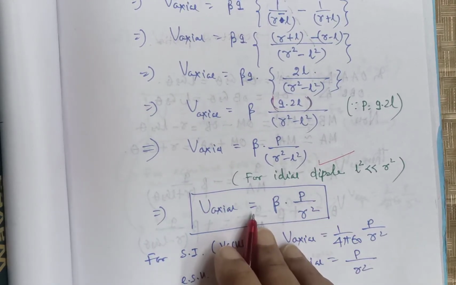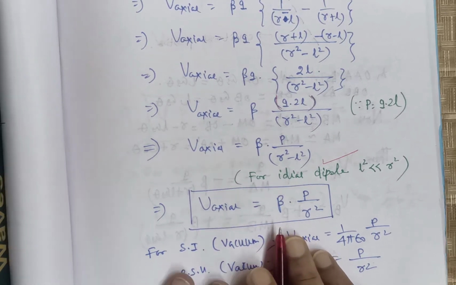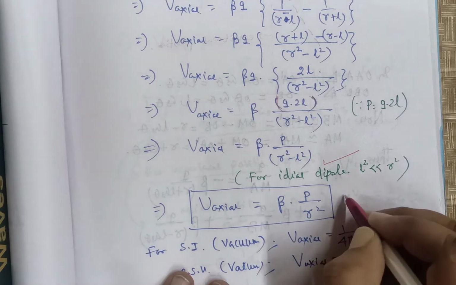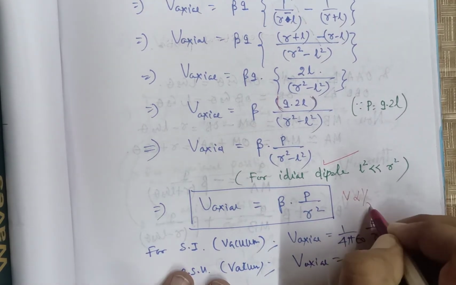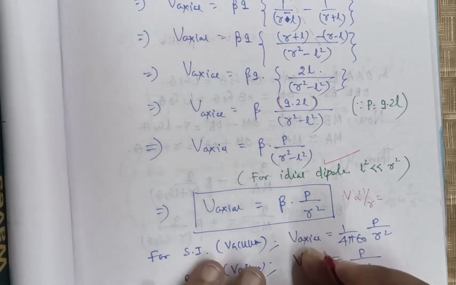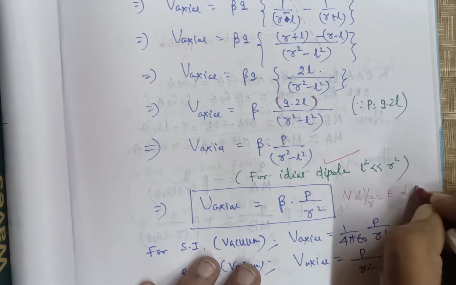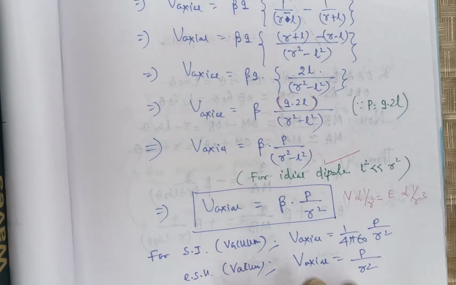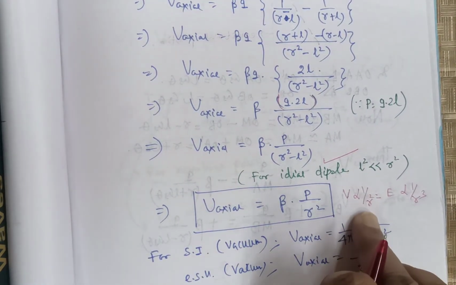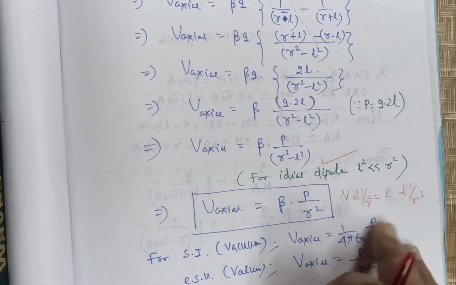For an ideal electric dipole at the axial position, V axial is beta P by r square. That means V is proportional to 1 by r square. But in case of electric field intensity, E was proportional to 1 by r cube. So V has 1 by r square dependence, but intensity has 1 by r cube dependence.